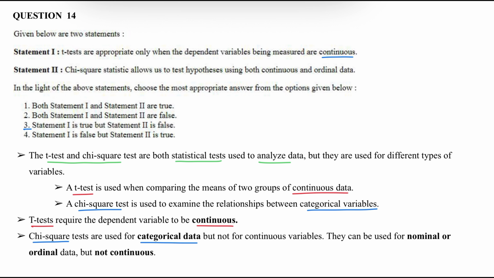Statement 2 says the chi-square test allows us to test hypotheses using both continuous and ordinal data. So continuous is not there, only categorical data, nominal or ordinal, but not continuous. Statement 1 is correct. Statement 2 is false. Correct answer option 3.